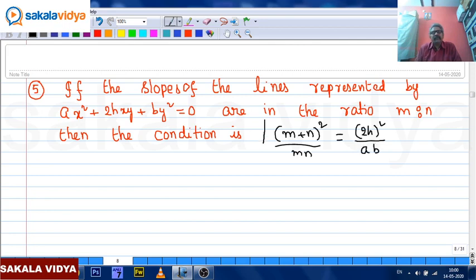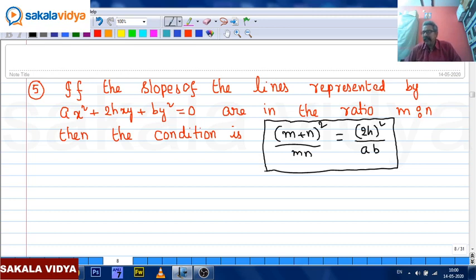This you remember, this is a very, very important shortcut. This formula we need to remember.